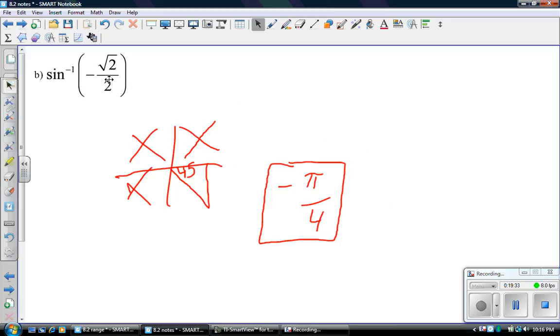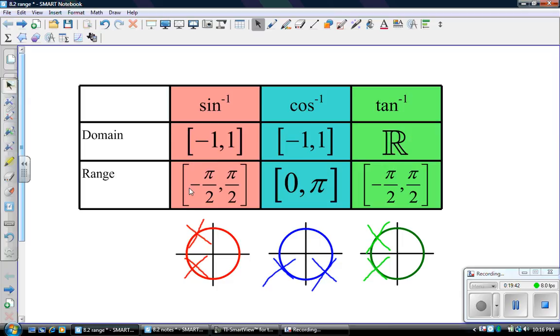If it has a negative number, you'll cross out a different quadrant, like right here I crossed out this one. And then just draw your triangle and figure out what the angle is. And remember that our answers have to be in these ranges based on which problem I'm talking about. So I can't just pick any old angle I want. It has to be between here, or here, or here, depending on if you're doing sin, cos, or tan. Hopefully this helps a little bit, and we'll talk a little bit more about it Monday.